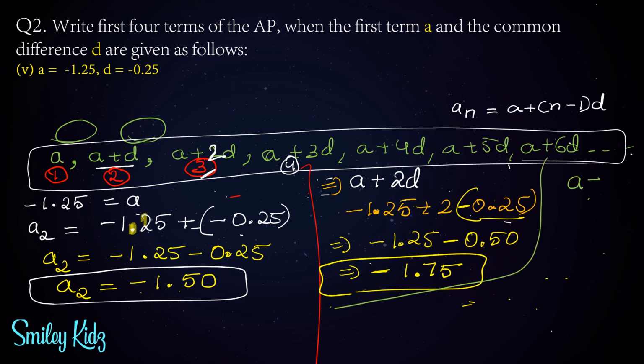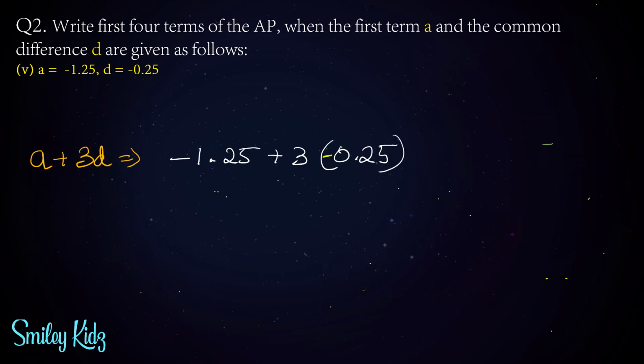Alright, now we're going to find out the last term which we require. For the last term, we're going to use A plus 3D. This will give you minus 1.25 plus 3 into 0.25. Isn't it? So A plus 3D is minus 1.25 plus 3 times minus 0.25. Now this is going to be minus 1.25 minus 0.75.